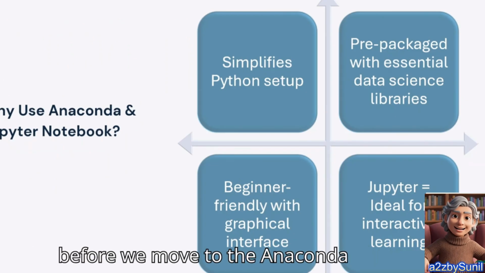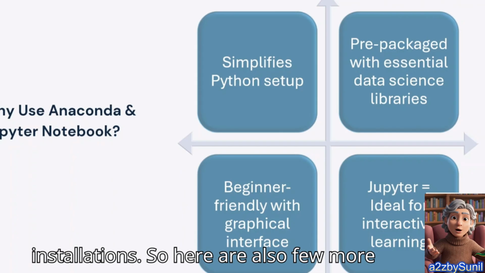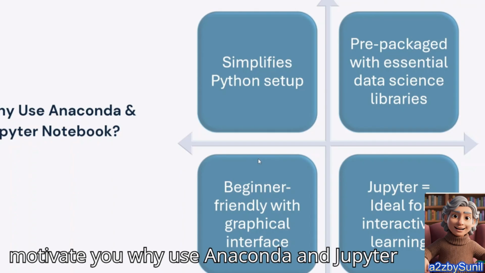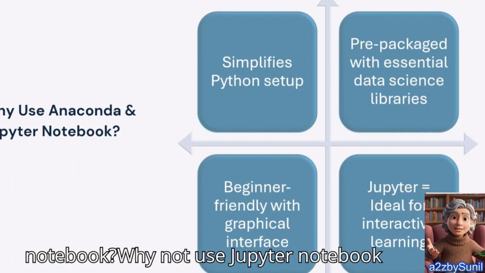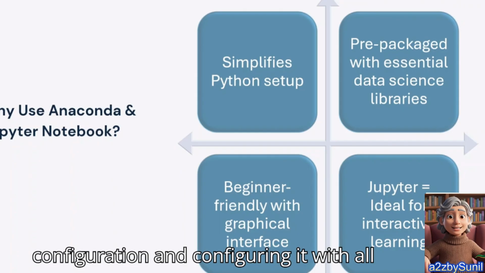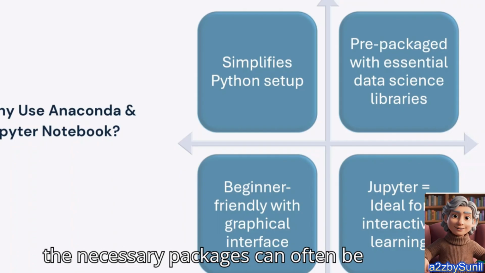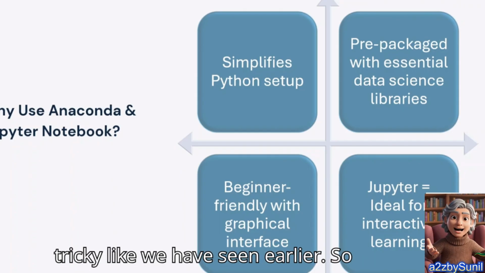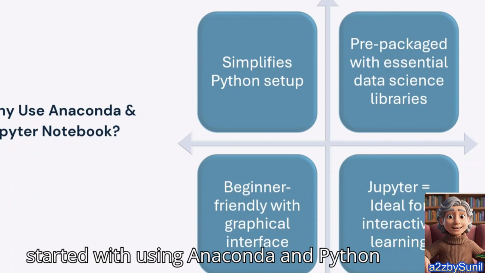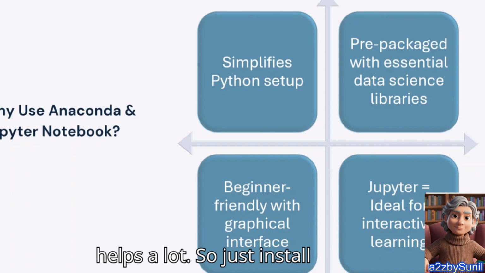Before we move to the Anaconda installation, here are a few more compelling reasons to motivate you: why use Anaconda and Jupyter Notebook? Installing Python and configuring it with all the necessary packages can often be tricky, like we have seen earlier. For beginners who just want to get started, using Anaconda helps a lot.